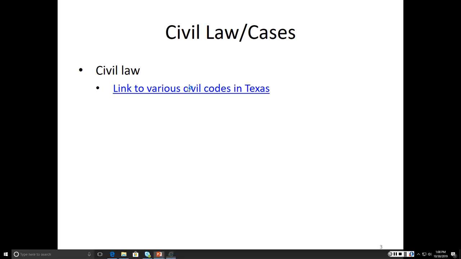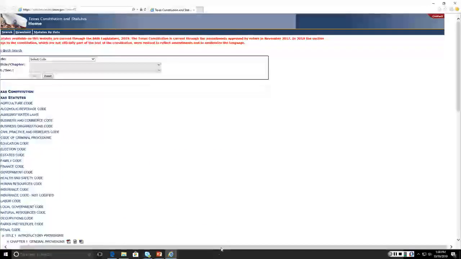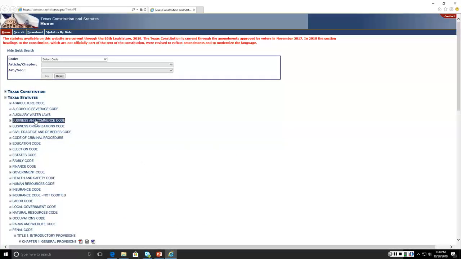If we click on it, Agricultural Code, Alcoholic Beverage Code, Auxiliary Water Laws, Business and Commerce Code, Business Organization, Education, Election, Estates, Family, Finance, Government, Health and Safety, Human Resources. So you can see there are a number of different civil laws in Texas.